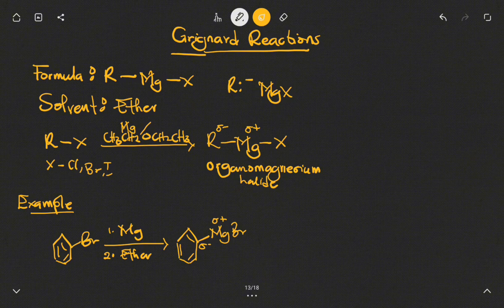Now again, if we also have this one over here, that is 2-chlorobutane, an alkyl halide.